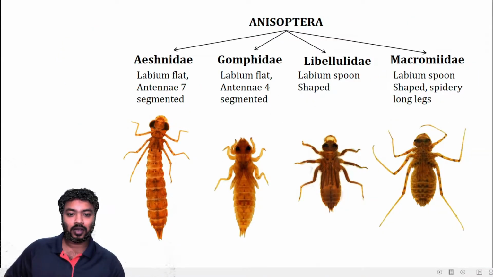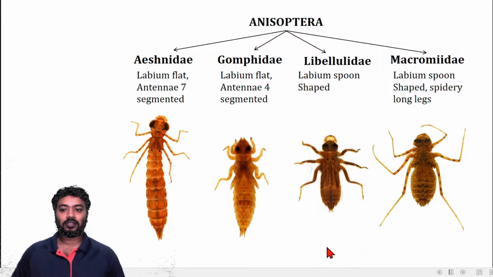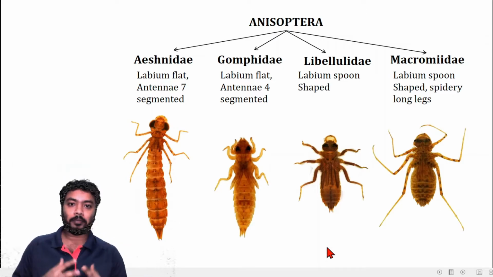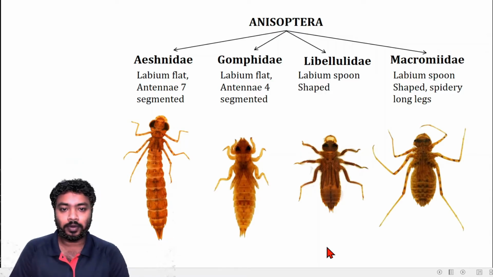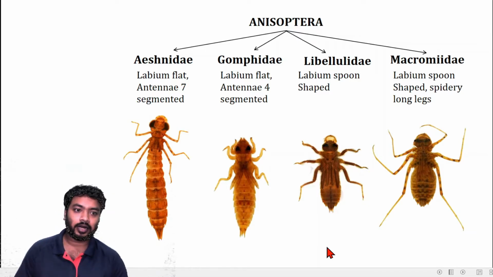Next, now I will tell you about the identification of some very common families of dragonflies, the suborder Anisoptera. I will discuss 4 very common families today, because they are the most common and easy to get, and the other families you have to study gradually.